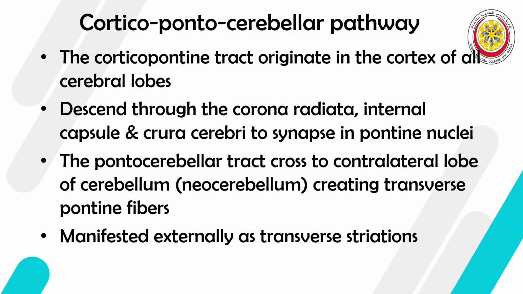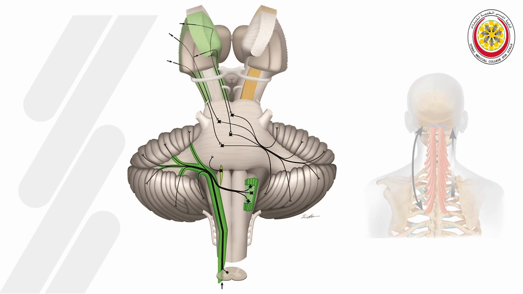Then we have the pontocerebellar tract, which crosses to the contralateral side of the neocerebellum. We discussed it yesterday. We said the neocerebellum is the remaining big part of the cerebellar hemispheres. Now you can see them externally on the pons as the transverse pontine striations. And there is the pathway. It's a pathway because it's more than one tract, but it's a cortico-pontine-pontocerebellar.